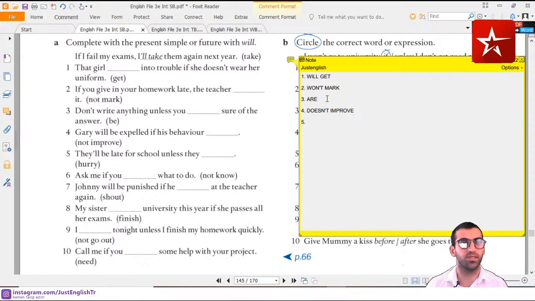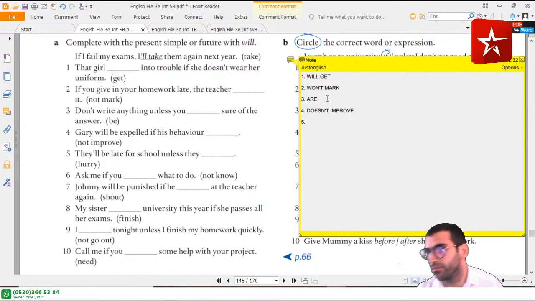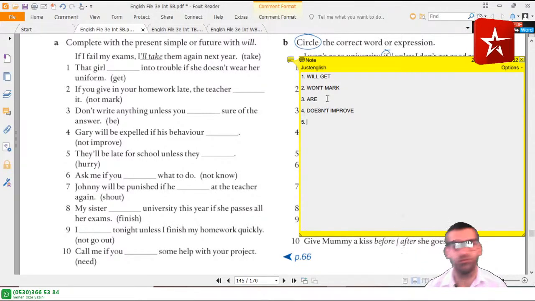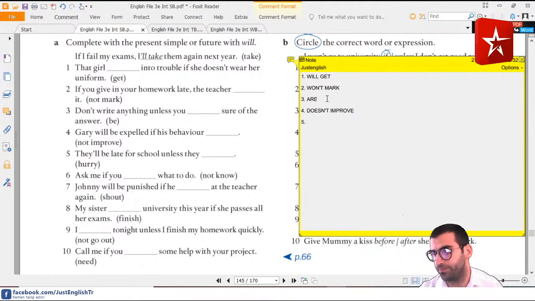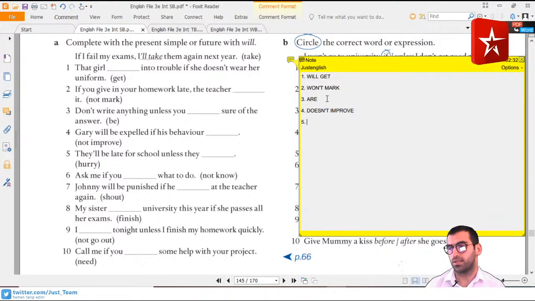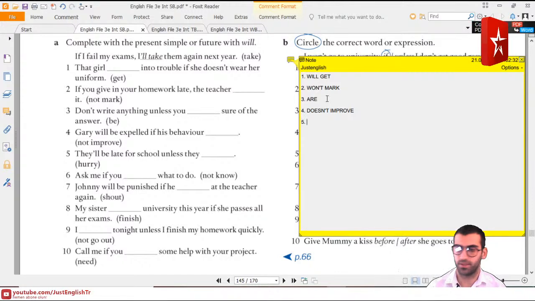What about number 5? They will be late for school unless they blah blah blah. Which one is the correct answer for number 5? They say, they will be late for school unless they hurry.